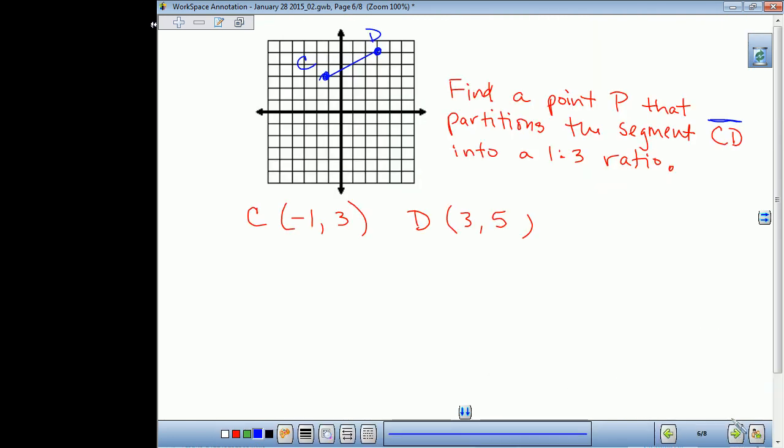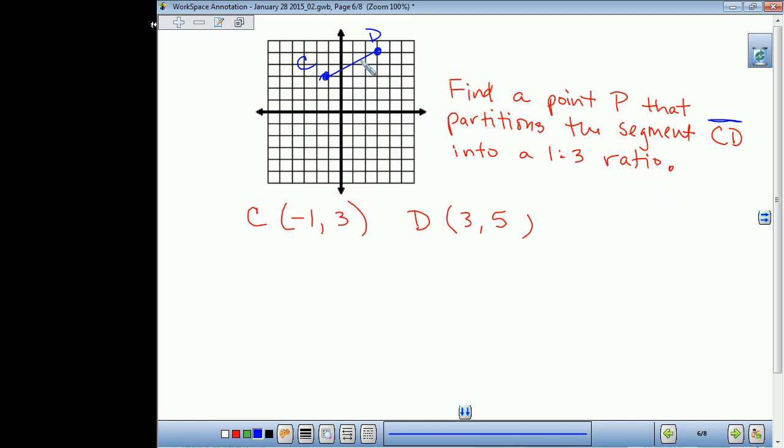Okay. Now, this one's a little different. Same idea, but a little different. This says find a point P that partitions a segment CD into a 1:3 ratio. Did it tell me from C to D? No. So there could be how many answers? 2 of them.